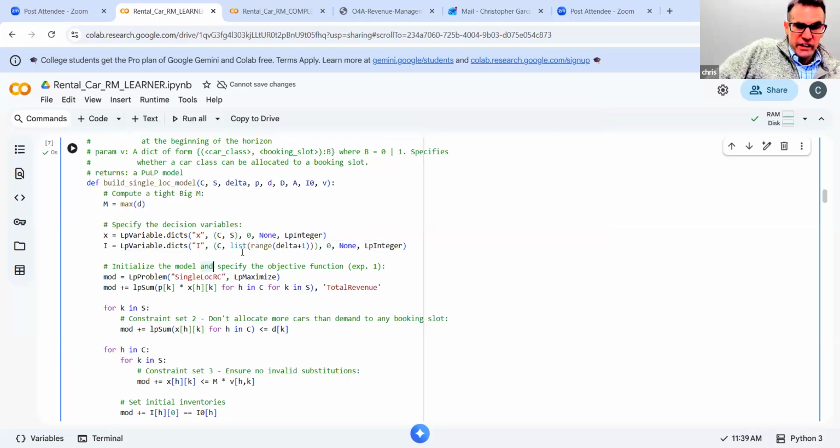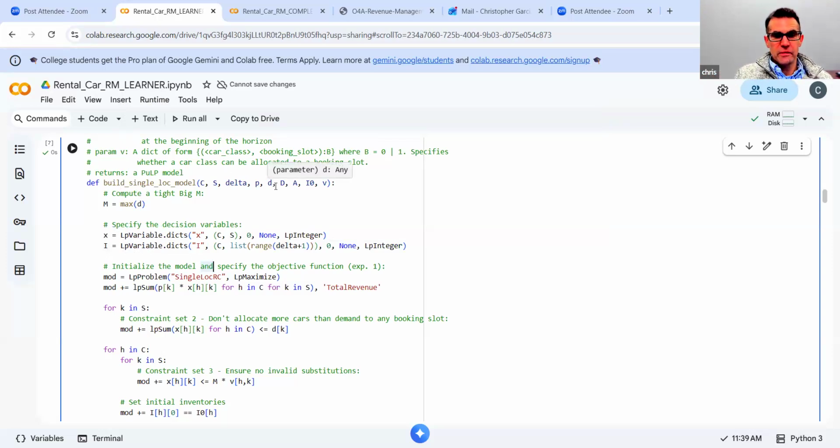I know that we said I_H0 in the past was a constant, a parameter, and I_Hj basically was going to be the decision variable. So in this case, we're going to make the I_H0 a decision variable.